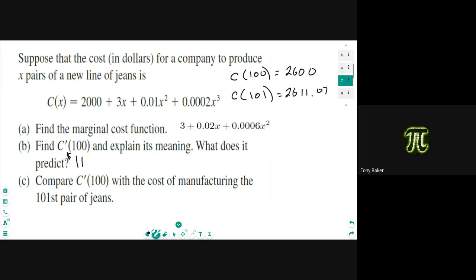Now, if it was $2,600 for 100 pairs of jeans, how much is it per pair? $26 for the 100. How much is it for 101 jeans? Yeah, so it's a little less.